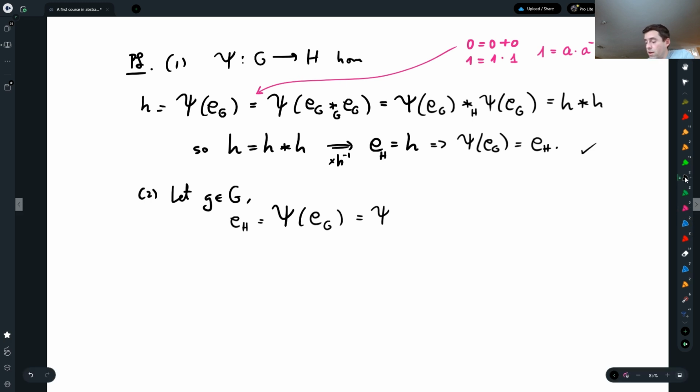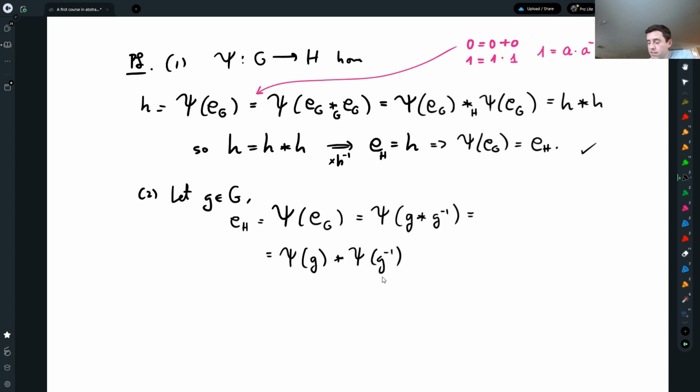I can now write the identity as g times g inverse in G, and therefore use the property of homomorphism to write that this is psi of g star psi of g inverse. And since that is the identity, I can now see that the inverse of this element is this element. Namely, if I multiply both sides by the inverse of this element, what I get is that the image of the inverse is the inverse of the image, which is what I wanted to check.